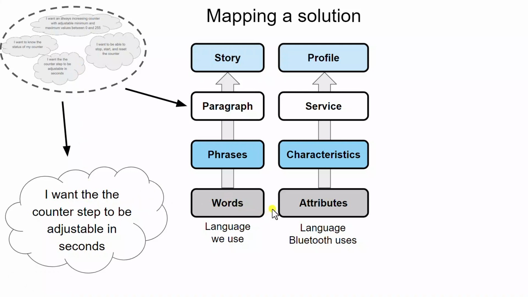And in the Bluetooth world, we're going to see that these words, for example the counter step, are going to map to something called attributes. Those are the fundamental properties in the Bluetooth GATT server.